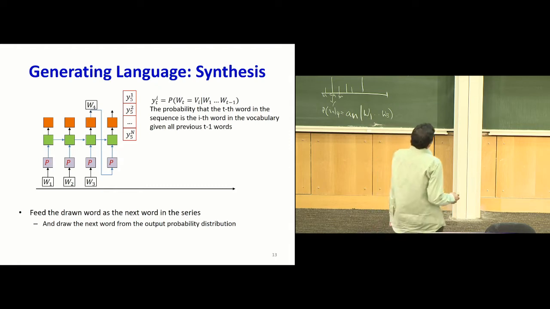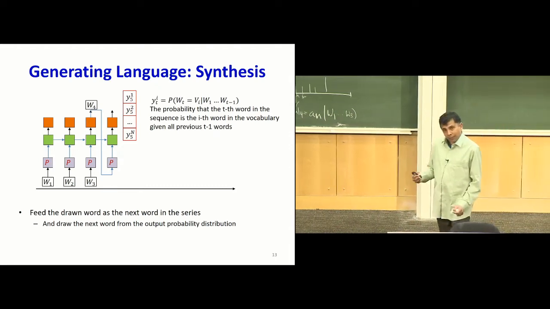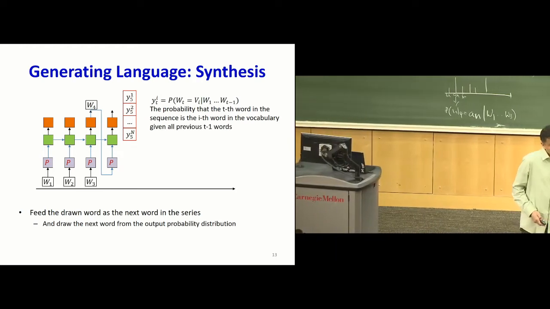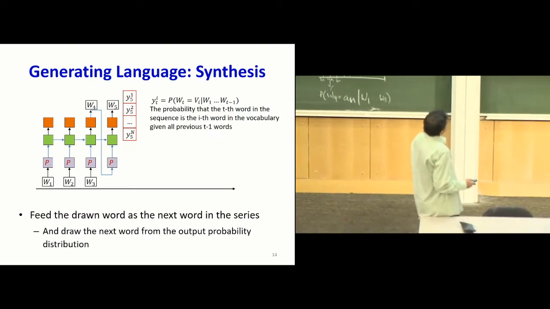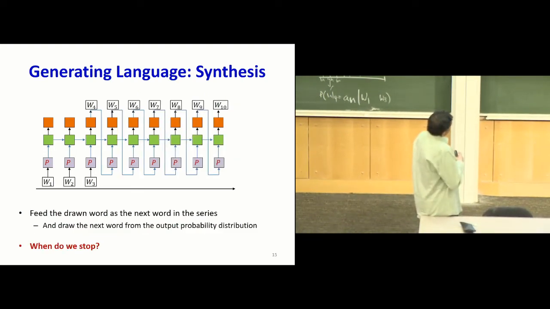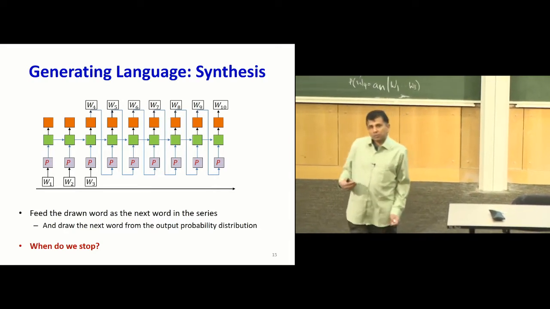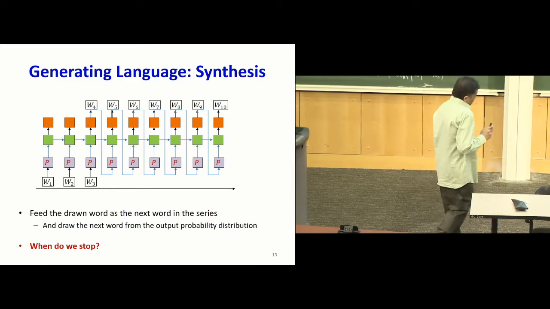And that word is going to be treated as the next word in the sequence, which is input to the network. And the network is now going to produce a probability distribution for words that will occur at time 5, from which you would choose a word and go on. You'd keep producing words in this manner. How long would this production continue? When would we stop?